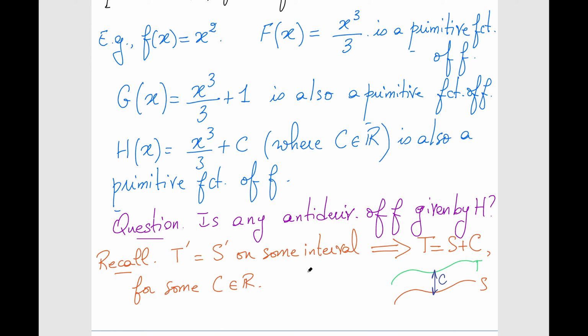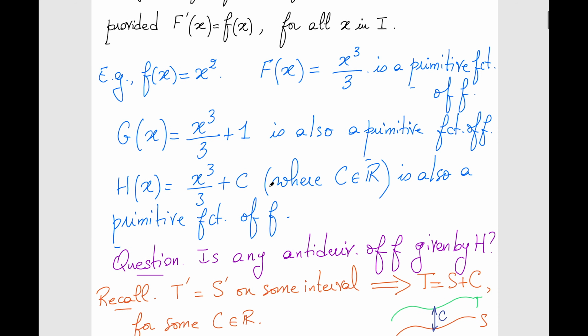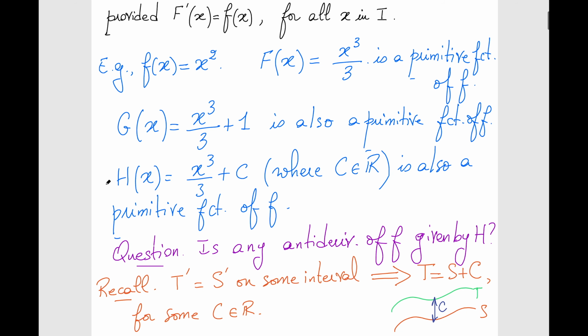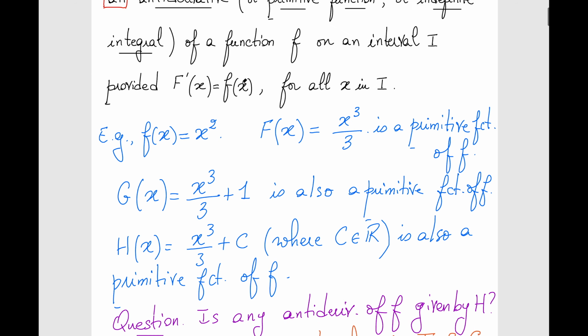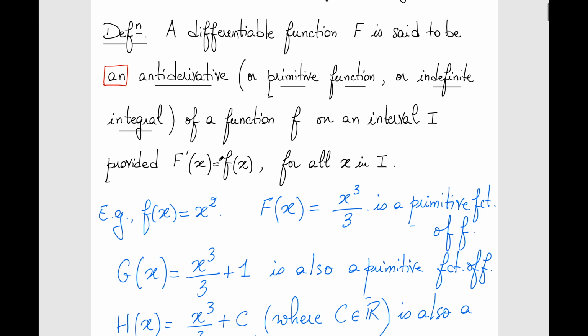Correct? All right, so because of this discussion, what can we say? That once you have an antiderivative, you add an arbitrary constant to it, and you covered the whole family of antiderivatives of a given function little f.